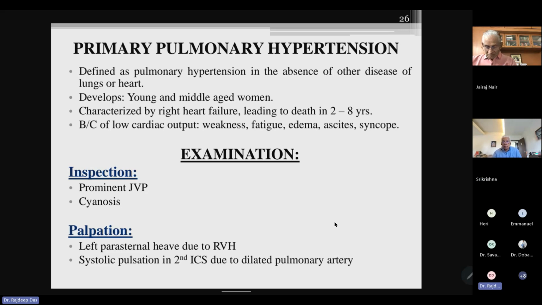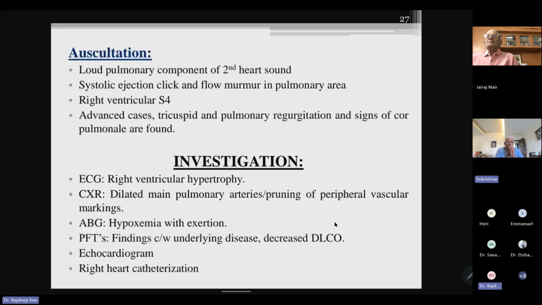We can palpate the left parasternal heave, or there is systolic pulsation of the second intercostal space due to dilated pulmonary arteries. In auscultation, obviously the pulmonary component of the second heart sound will be loud. There may be a systolic ejection click and flow murmur in the pulmonary area.